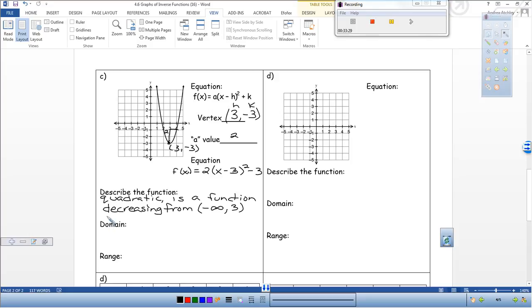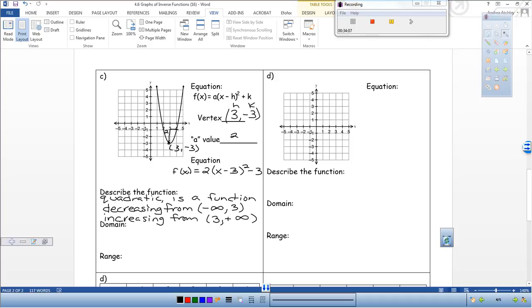So then it is increasing from 3 to positive infinity, the second part of the graph. Any questions on how I got that? Yes.